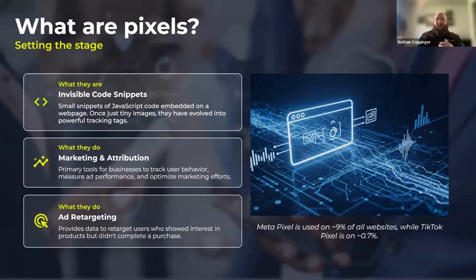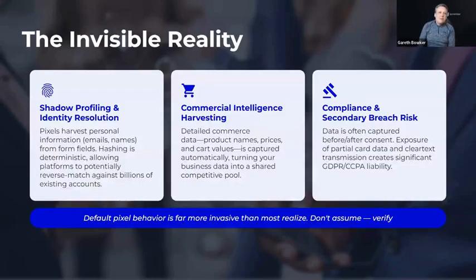Gareth, can you take us through a quick summary of what we found during our research? Yeah, of course. In short, we conducted a runtime analysis of TikTok and Meta ad pixels on live websites. We were looking at large companies across retail, hospitality, and healthcare. What we found is that these pixels go far beyond ad attribution.